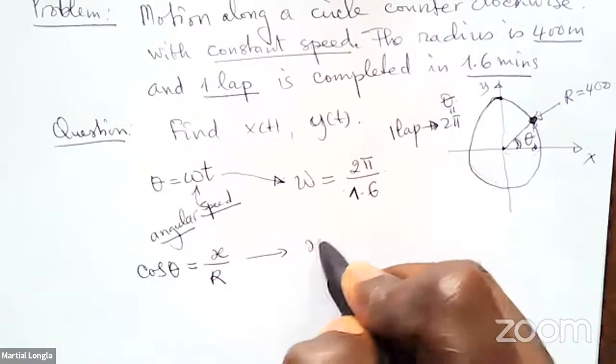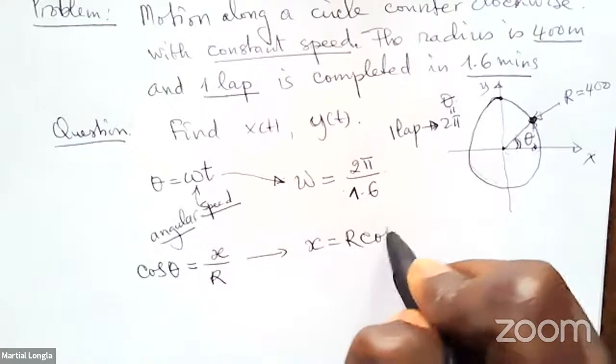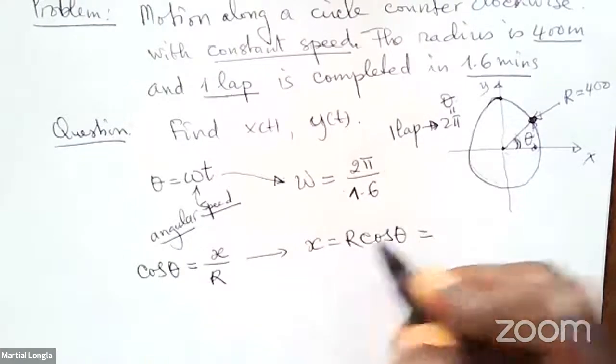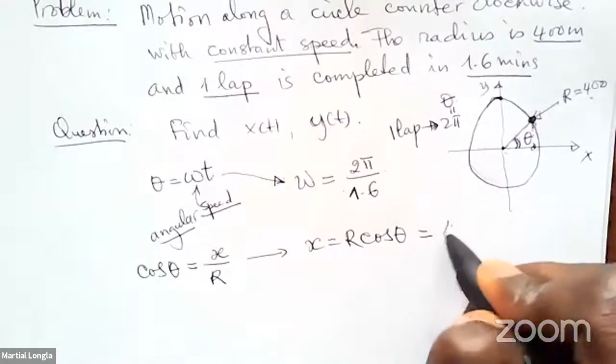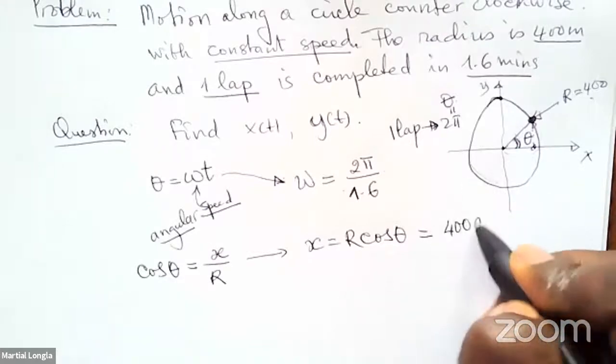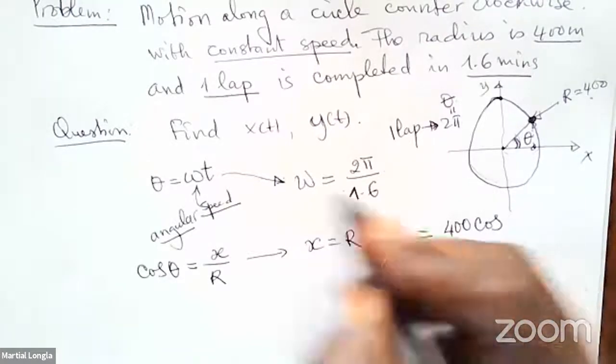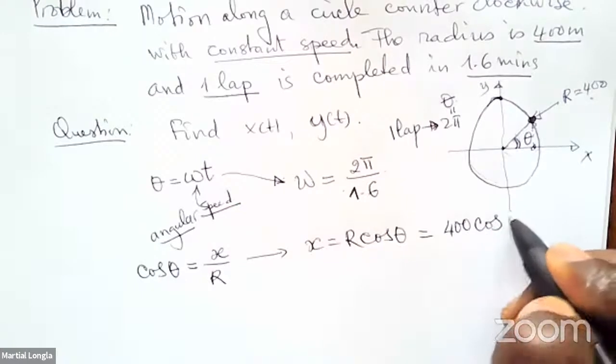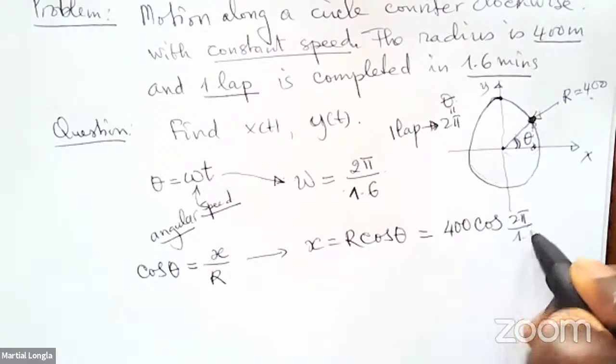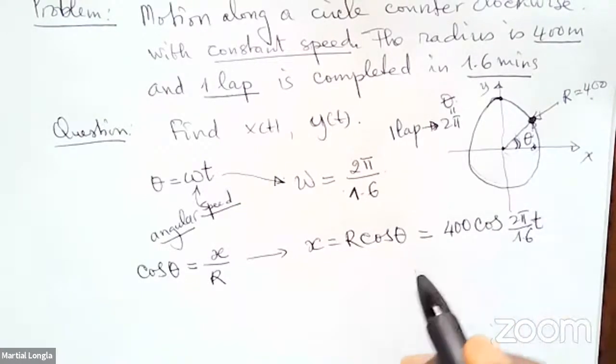And that's why x is r cosine theta, and r is given 400, and theta is omega t, which is 2 pi over 1.6 times t. So that's how you could find x.